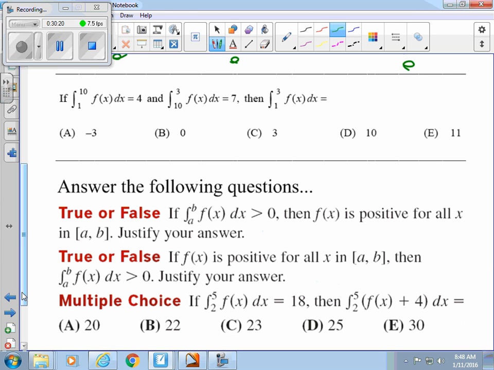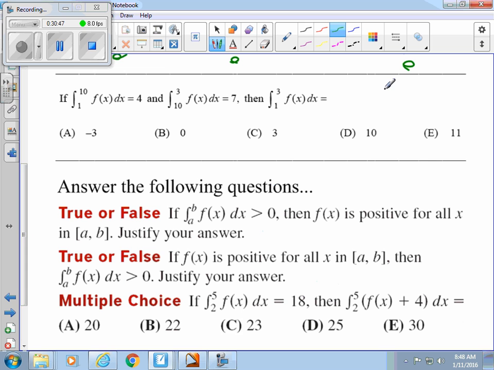Okay, let's do this one. If the integral from 1 to 10 of f of x dx is 4, the integral from 10 to 3 of f of x dx is 7, then what's the integral from 1 to 3? The first thing I would do is note the improper limits, right? I've got from 10 to 3 instead of from 3 to 10. That's going to hurt my brain a little bit. Does everyone agree with that?